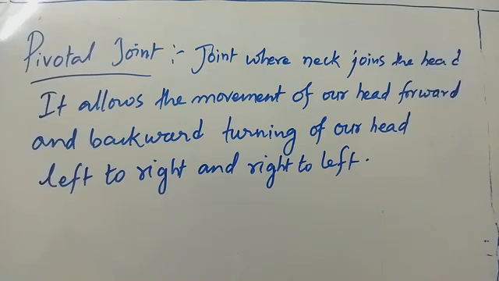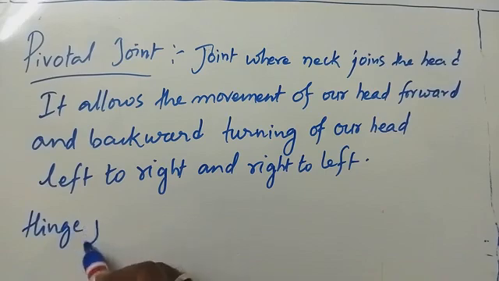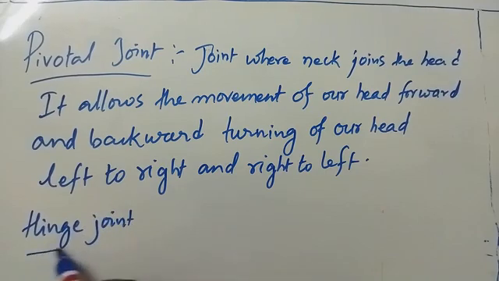And the next joint is hinge joint. What is hinge joint? We all know the door hinge. With a door hinge, the door can be pushed or pulled in only one direction, so back and forth movement is possible. Same thing with hinge joint: the attached bones can move only back and forth.